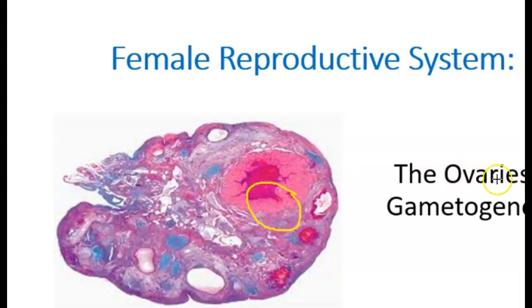You're not really seeing what's happening in these developing follicles, as we call them, but all these different colors and round structures located in the cortex are different stages of oocyte and follicle development. We'll come back to what that means in a little bit.